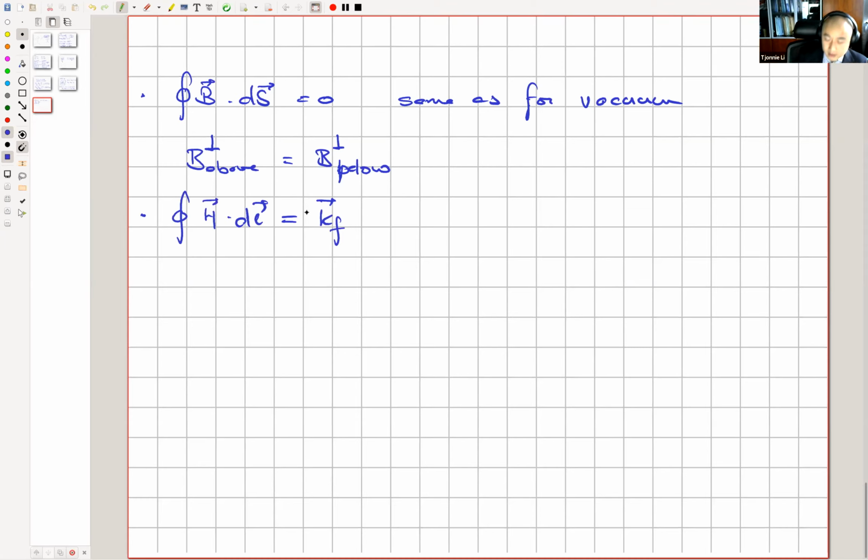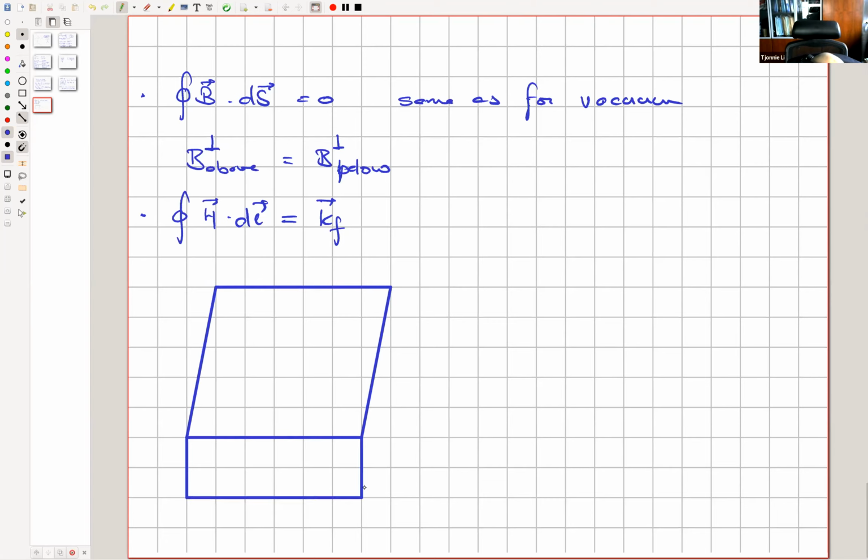Yes, correct. And here we can do the same as the situation we've drawn before. So again, let's consider some surface here, with some thickness here.